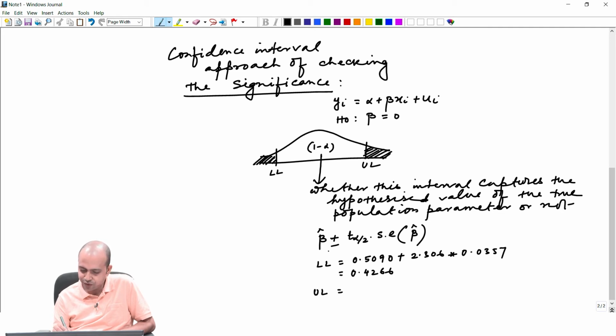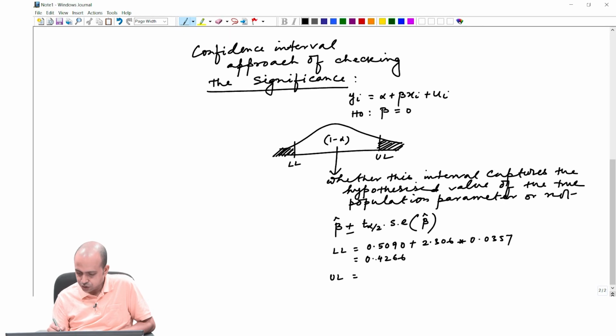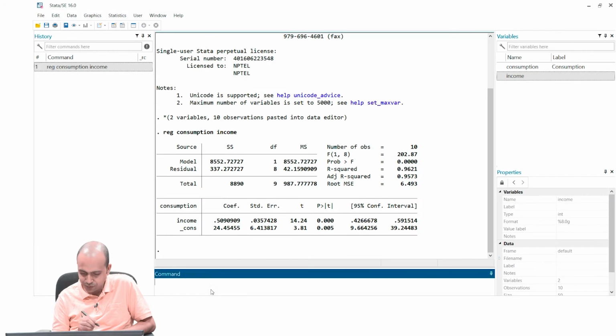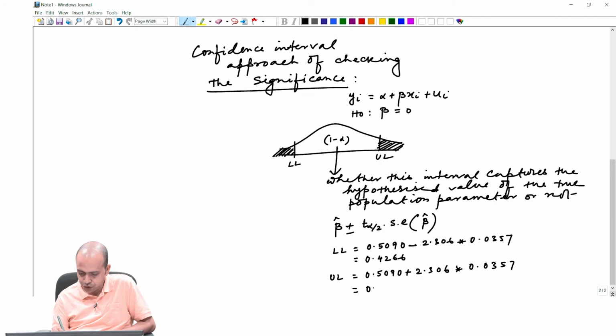Sorry, I wrote plus earlier, but the lower limit is beta hat minus this, and the upper limit would be beta hat plus this: 0.5090 plus 2.306 multiplied by 0.0357, and that would become your upper limit, which is 0.5915.